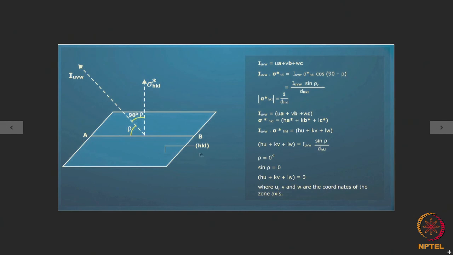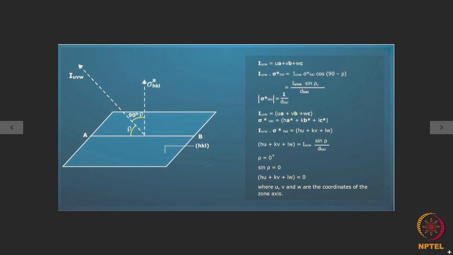Now, this line and this line are say coplanar. Say, suppose this angle between I UVW and AB is rho. In that case, this angle between I UVW and sigma star HKL will be 90° minus rho.